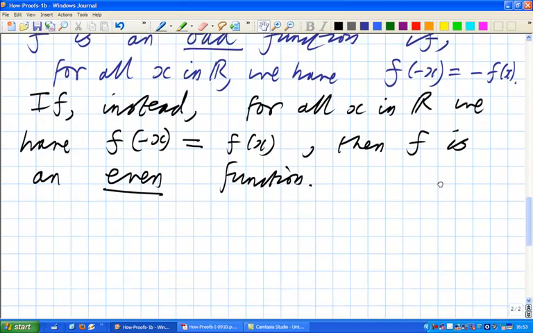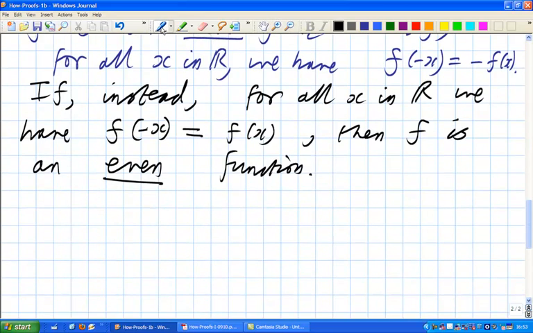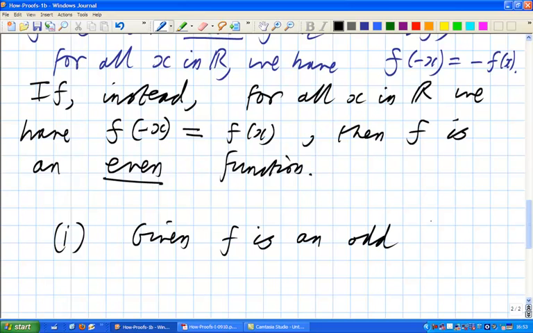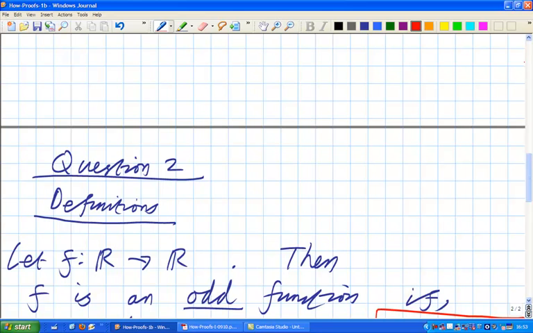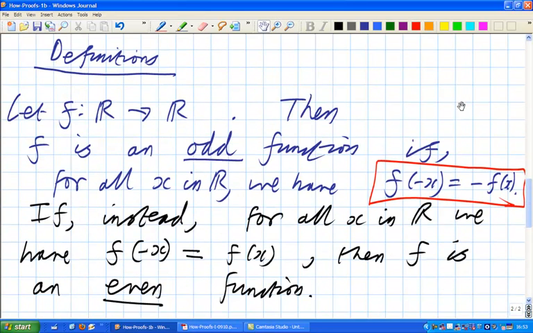So for question 2, part 1, given f is an odd function from R to R, we'll substitute x equals 0 into the equation f of minus x equals minus f of x.